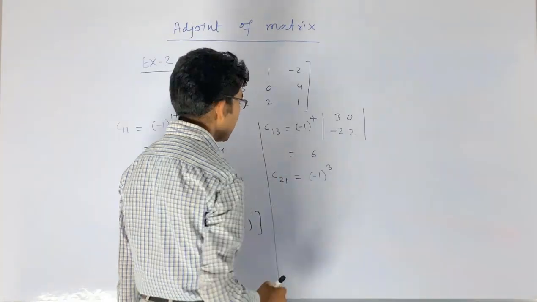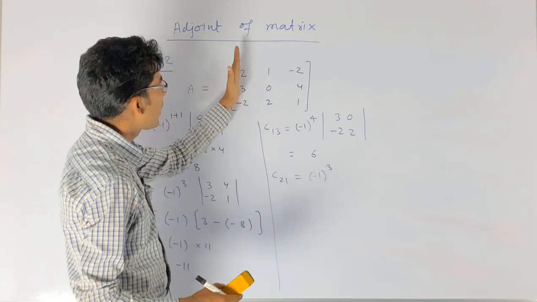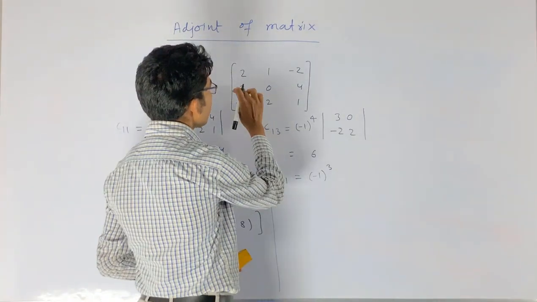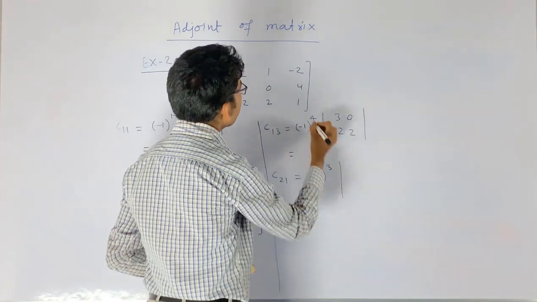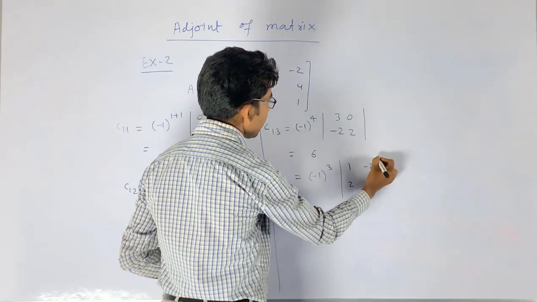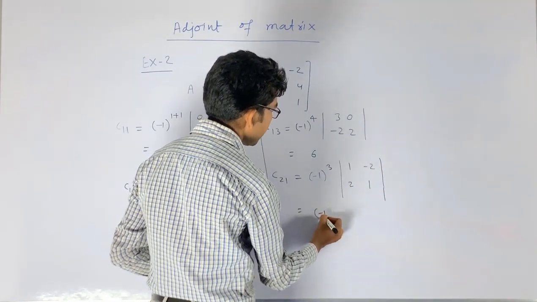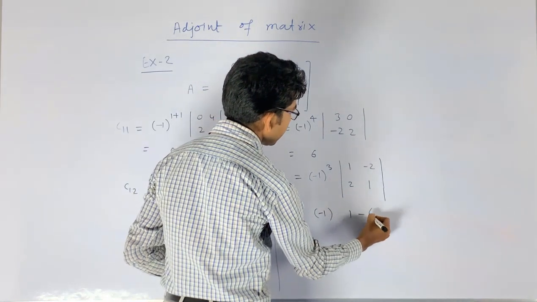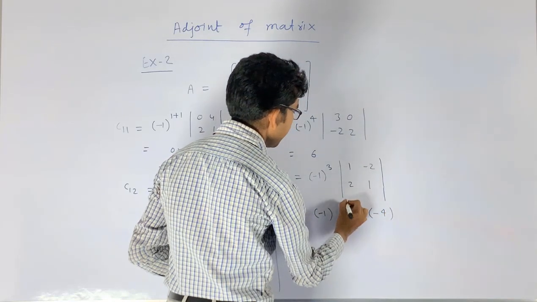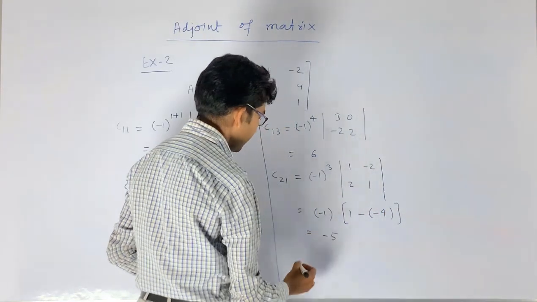C21. For C21, delete the second row and first column. So, we remain with 1, minus 2, 2, 1. Minus 1 into 1 minus 4. So this is equal to minus 5.